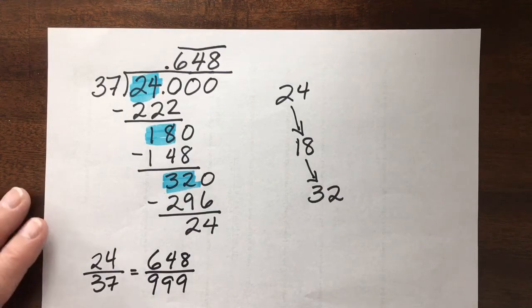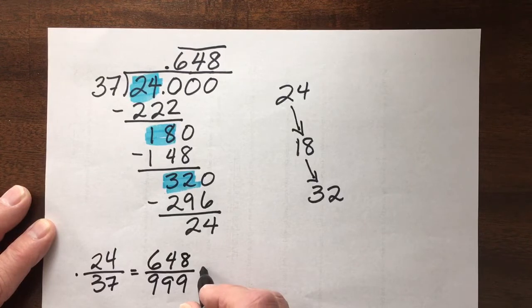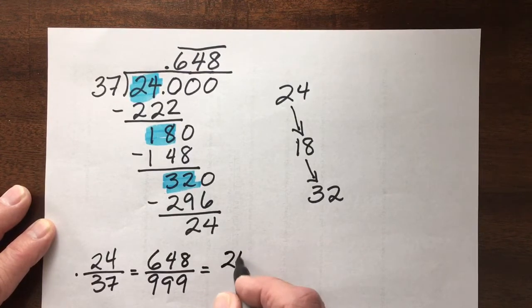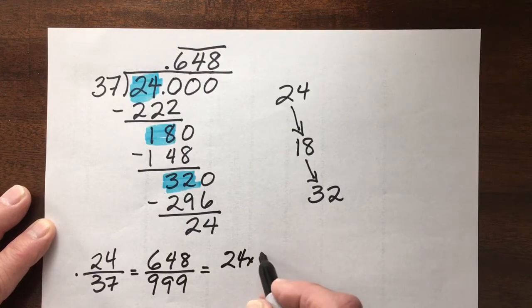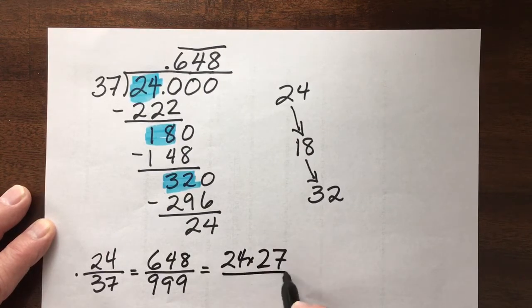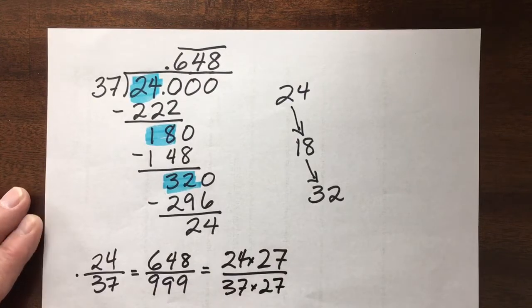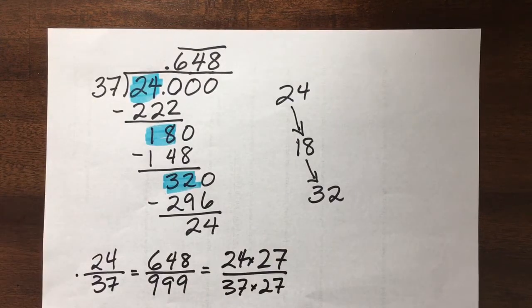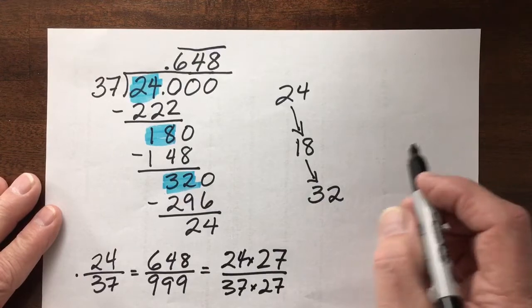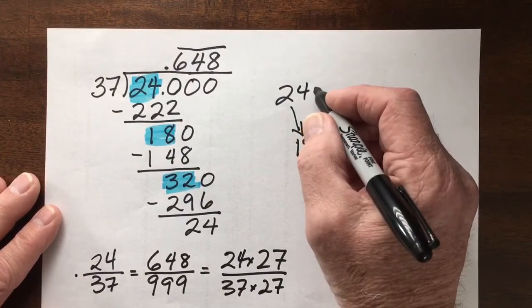It is, in fact, because you can factor 648 over 999 as 24 times 27 over 37 times 27. Okay, but look at what happens with the remainder pattern.